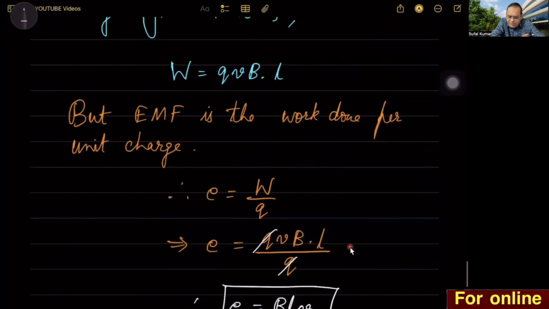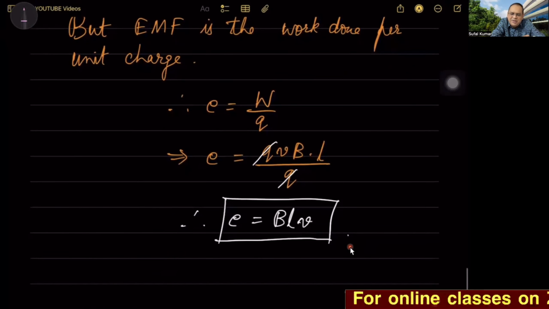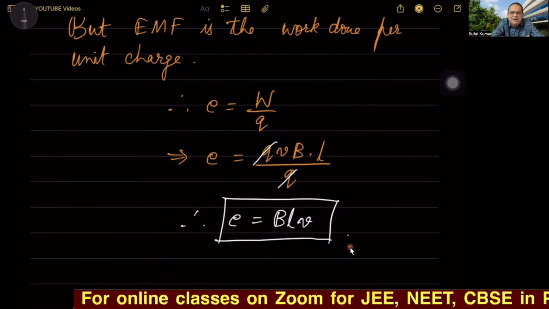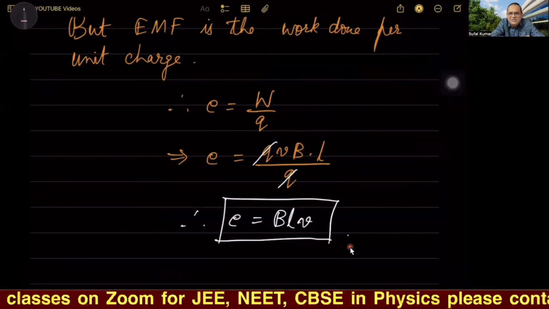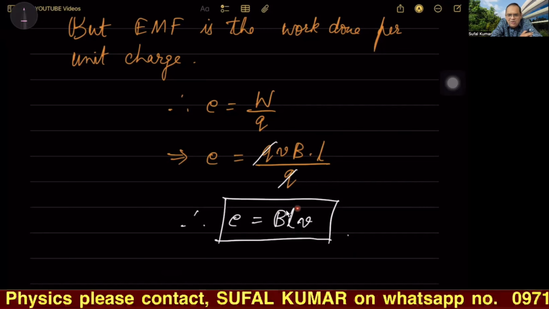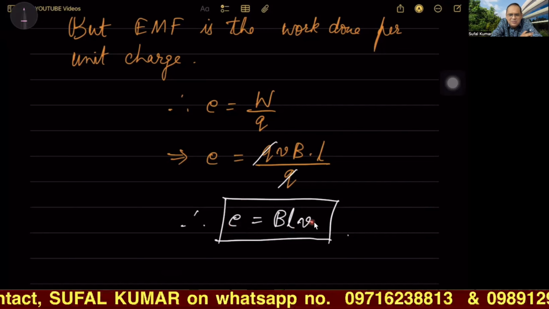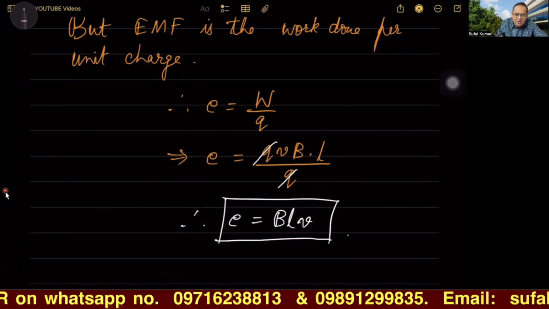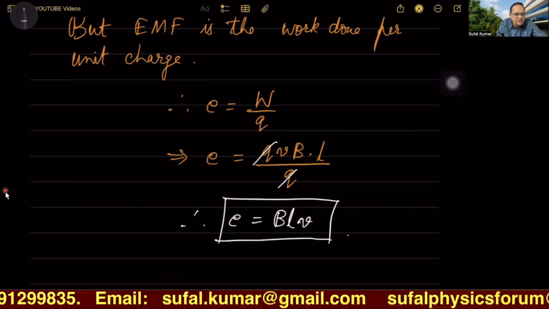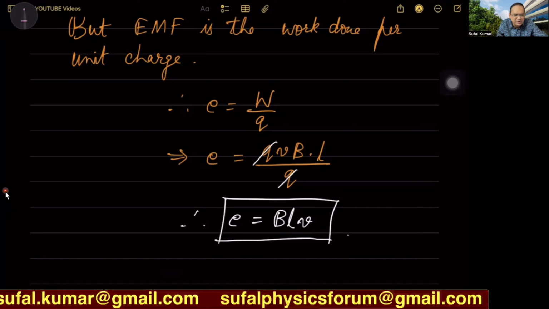So just now, we proved the expression for motional EMF by a second method, alternatively by using Lorentz force. Again, here also we obtain E equal to BLv only. Now, how to determine the direction of positive polarity of motional EMF?